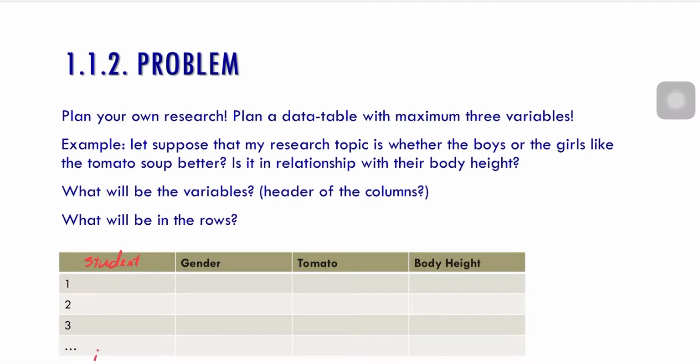Because if you see the individual, the student, and the variable, it shows what the relation is between these two, and it can help to solve the problem or continue the result of the research.